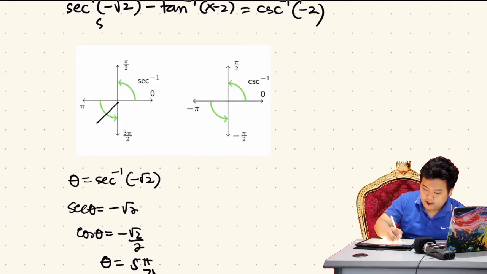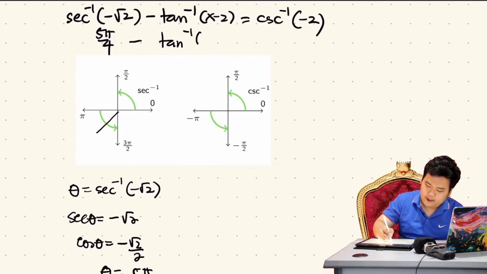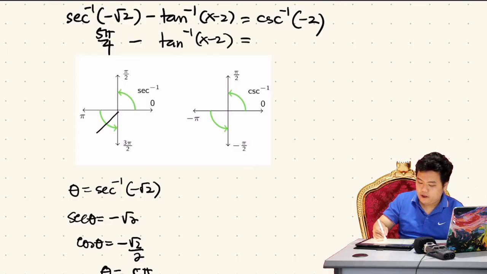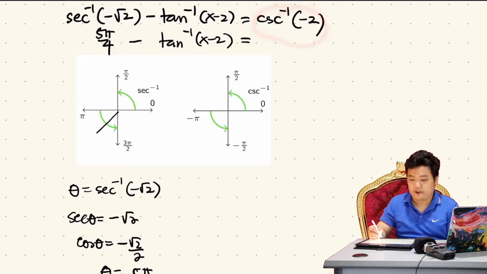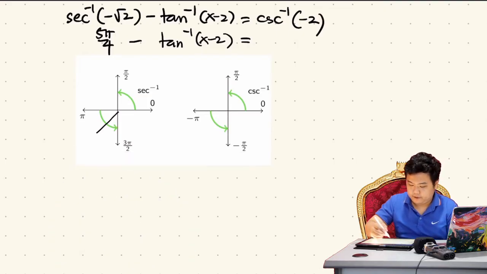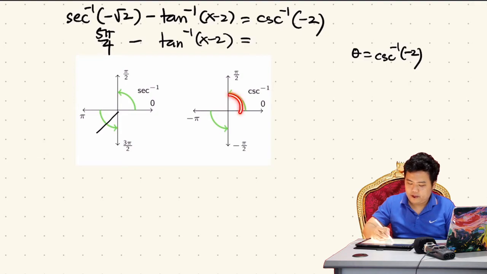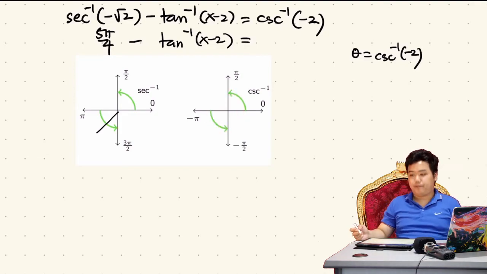So, this is 5 pi over 4 minus tangent inverse, copyin lang natin, x minus 2, equal to, dito naman tayo magsa-scratch work. Okay, so burahin na natin ito. So, let naman natin ang theta si cosecant inverse negative 2. And yung theta mo, andito or nandito.